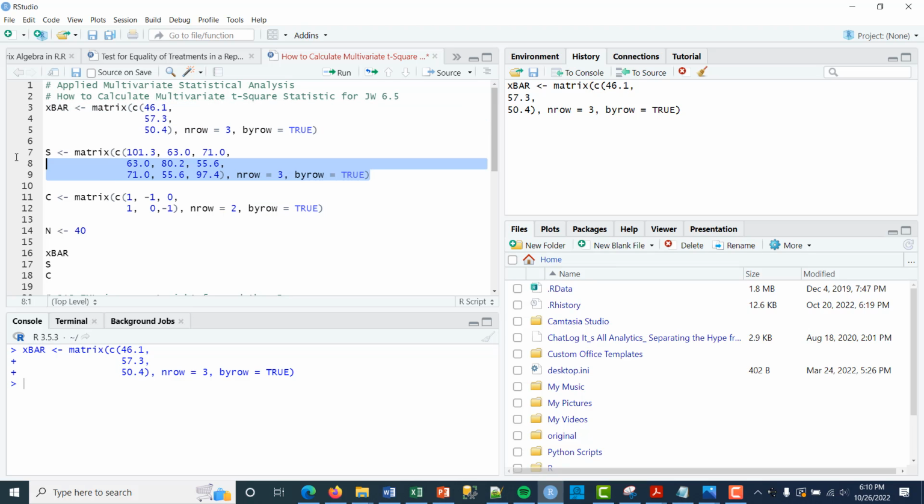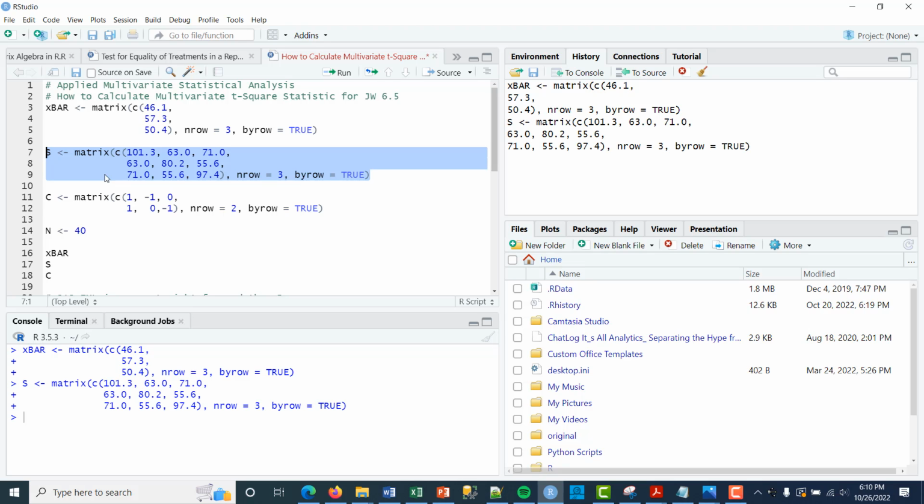Now I'm going to construct a sample covariance matrix, a 3 by 3, using the matrix function along with the combine R function. That's done there. Control Enter, and then one more.